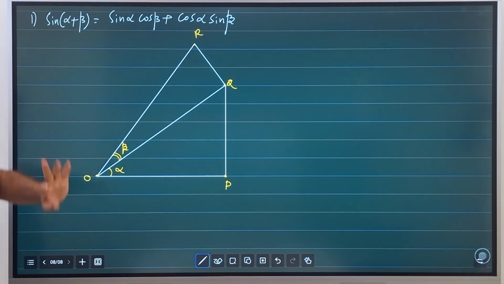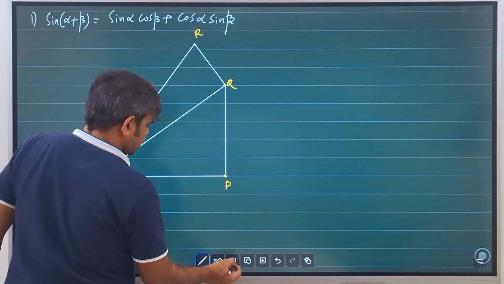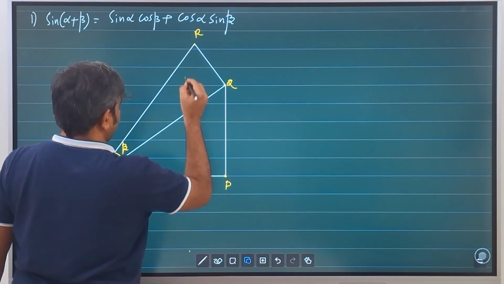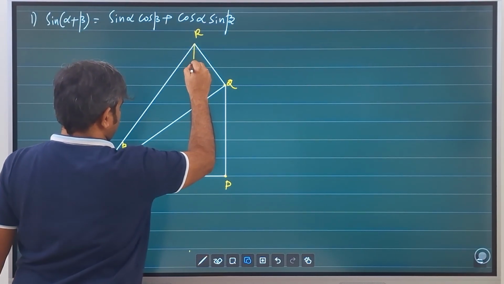We want sine alpha plus beta. So drop a perpendicular from R on to OP.